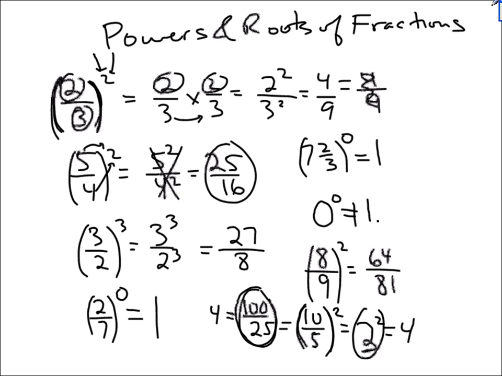You learn 2 times 2 in the 2nd grade, as opposed to 100 divided by 25, which may have been the 4th grade. Why? Because 2 times 2 is easier. That was powers of fractions.